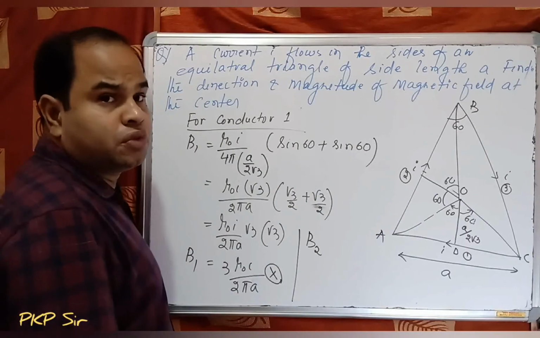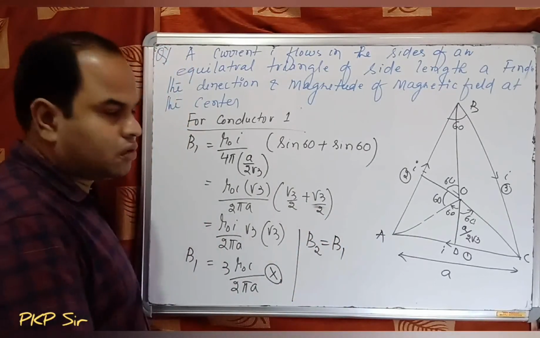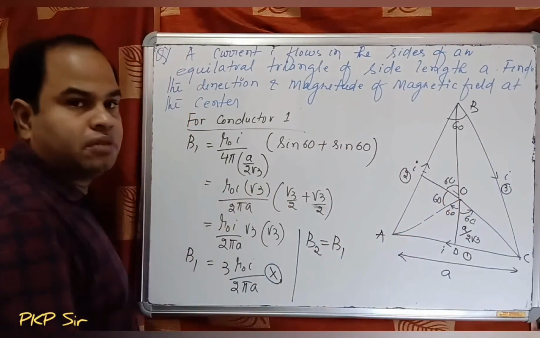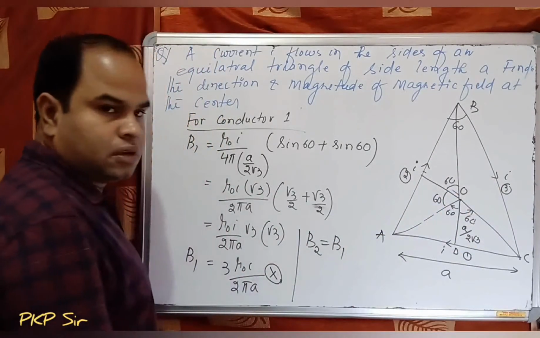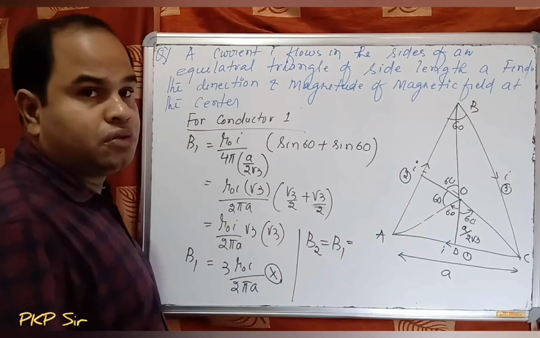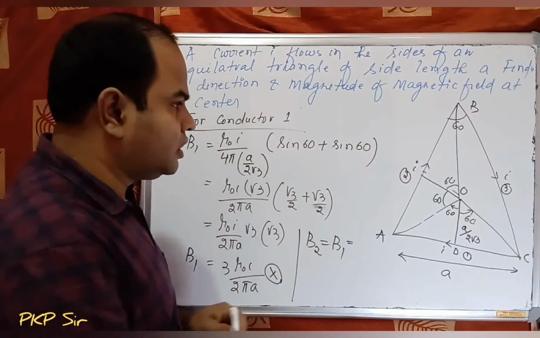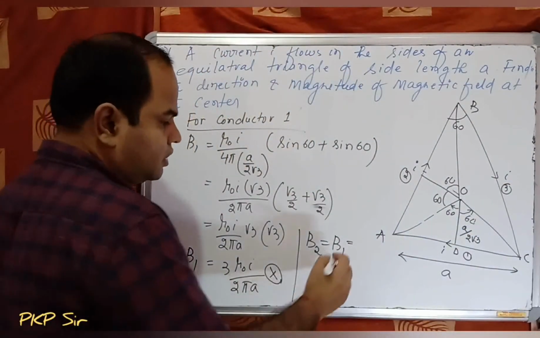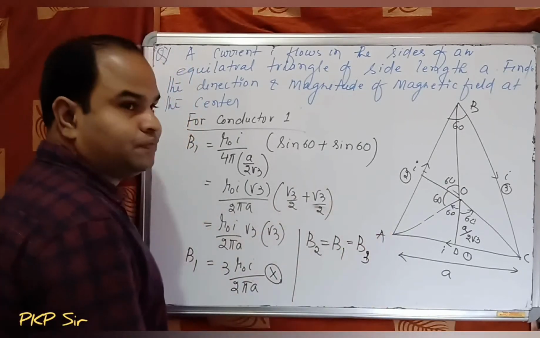The magnitude of B2 is the same, so we can say B2 is equal to B1. The direction is also inward, so the same. Now the third conductor. Let us say B3 is the magnetic field due to the third conductor. Here also it is the same, 60 and 60, and the direction is also inward. We can say B1 is equal to B2 is equal to B3.